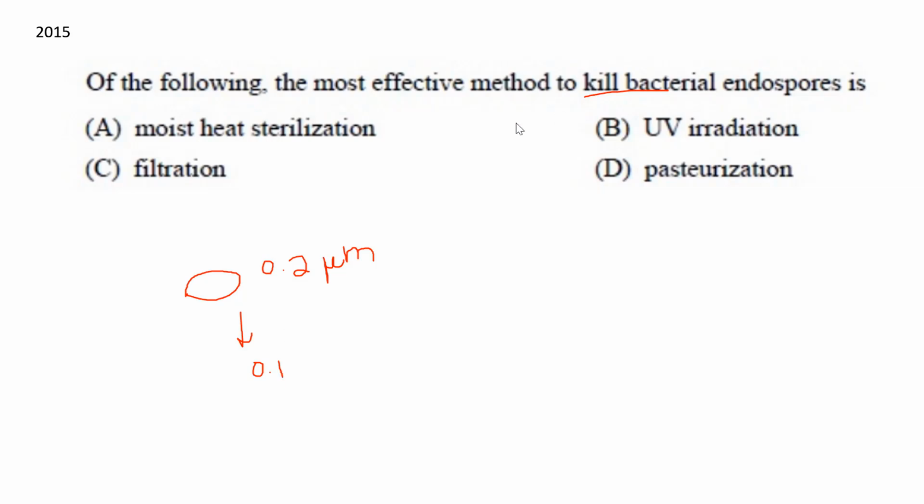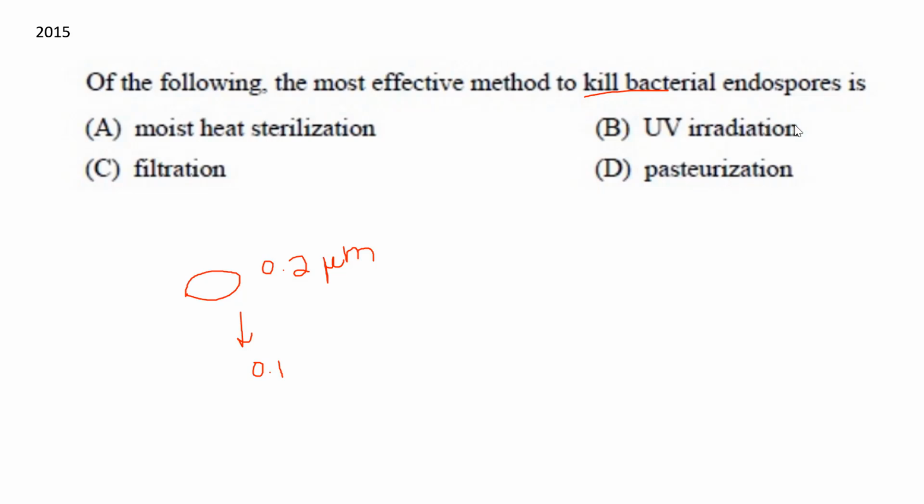So it can pass through the filter, and therefore filtration cannot kill the endospore by any means. Next we have pasteurization. Pasteurization is heating, mostly done for milk, at a temperature of 60 to 70 degrees centigrade. That also is not sufficient to kill the endospore.